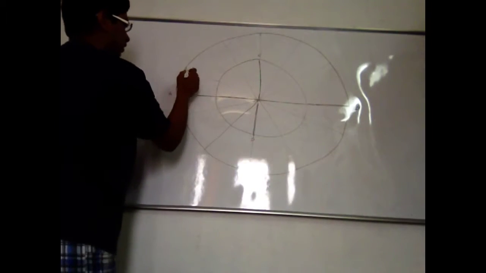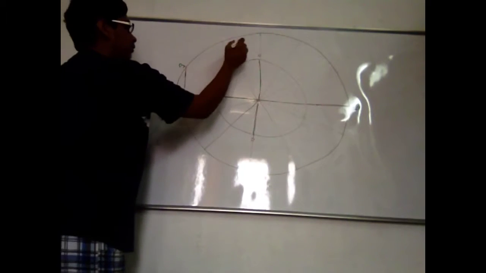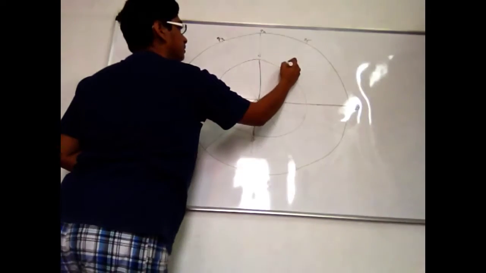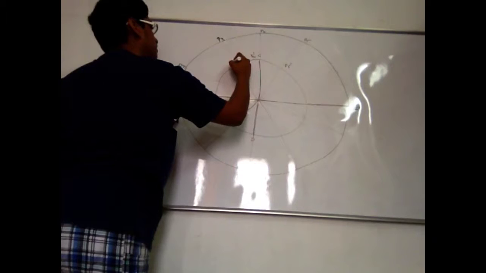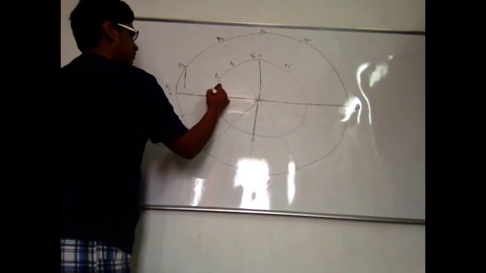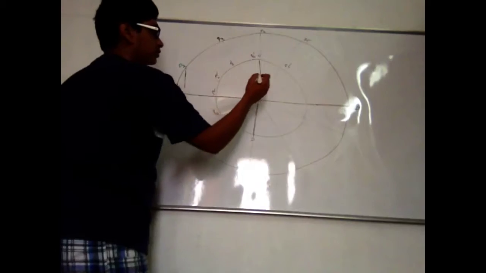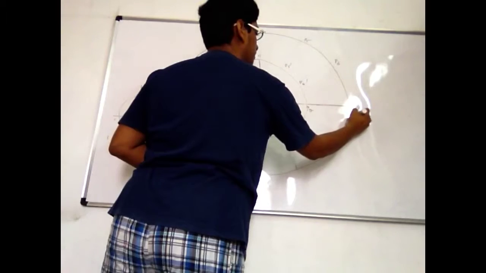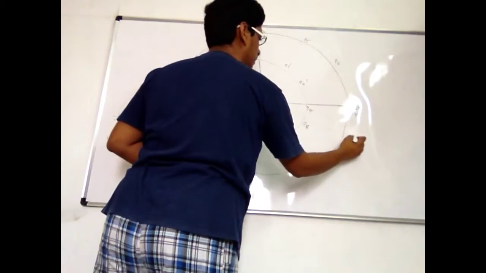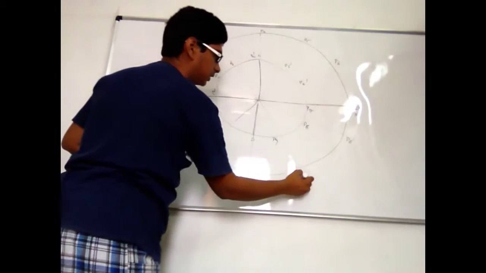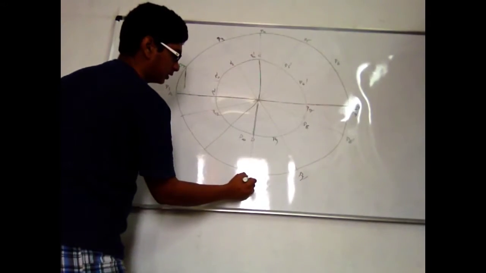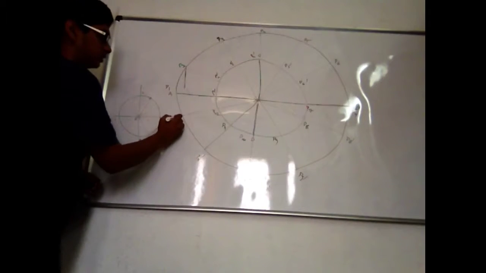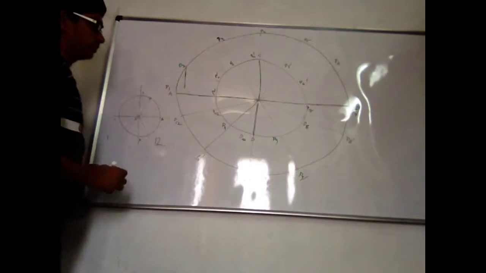Let us call this P1, P2, P3, P4, P5, this is P5 dash, P4 dash, P3 dash, P2 dash, P1 dash, P12, P6 dash, P6, P7, P7 dash, P8, P8 dash, P9, P9 dash, P10, P10 dash, P11, P11 dash. This is P12, this is P12 dash.